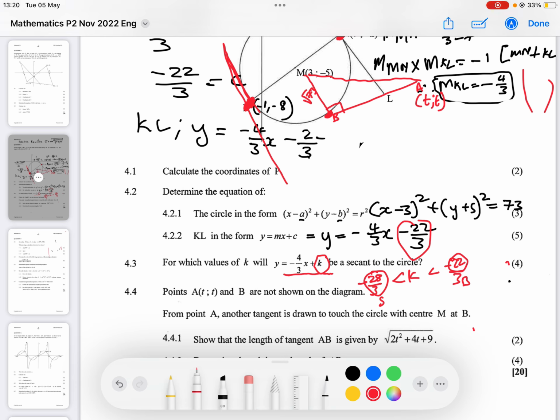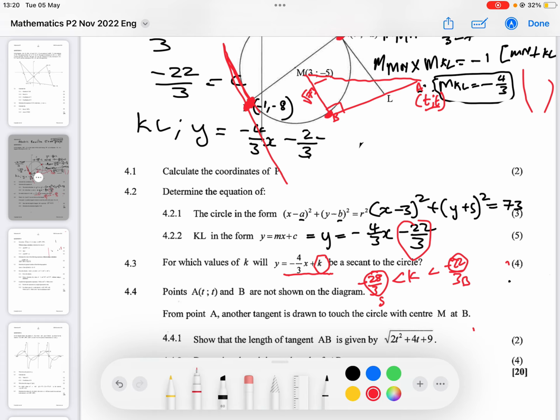So it means now, what am I looking for? I am looking for the distance of AB. Now, I need MA. MA, I have the coordinates of this one and this one.